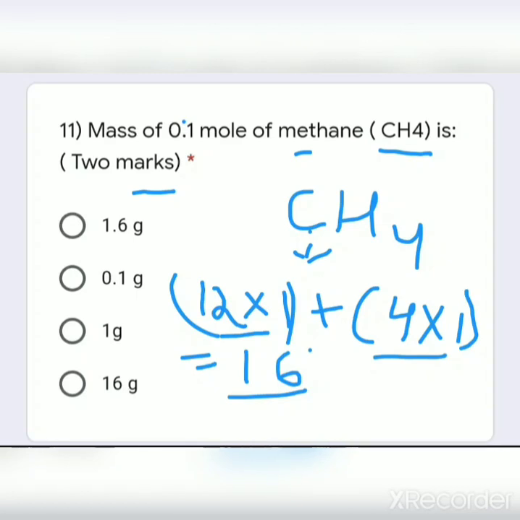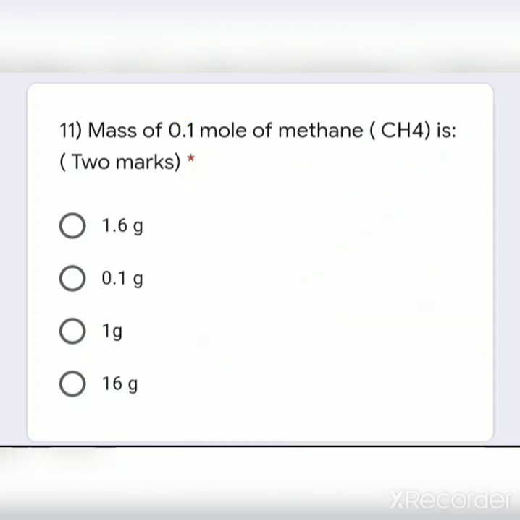That means 16 is the mass of 1 mole of methane. But in the question it is given 0.1 mole.